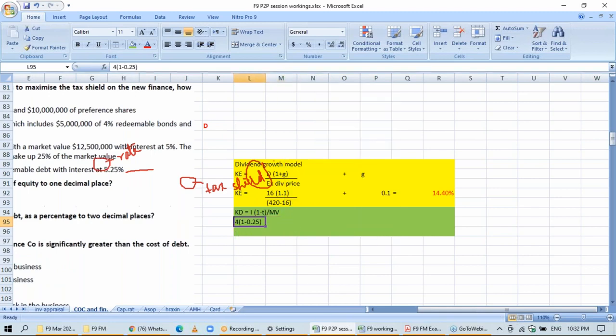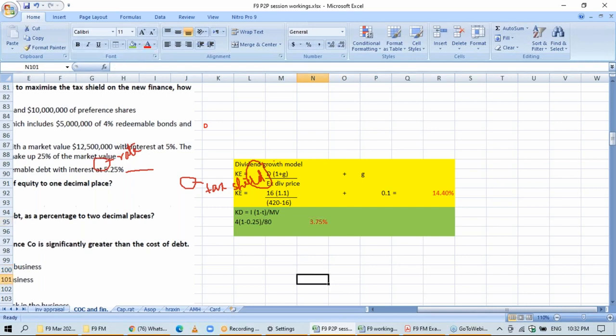And then divided by the market value. The market value of the bond was 80. So by dividing this, you get the rate, which is 3.75%. So the answer to this part is 3.75%, the cost of debt.